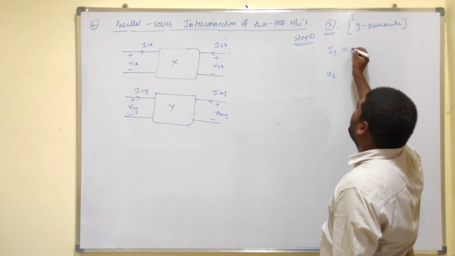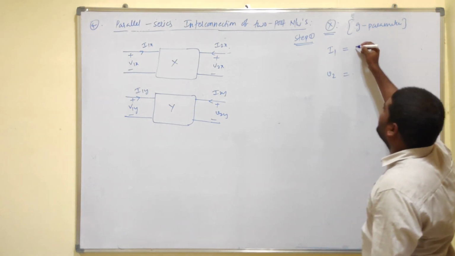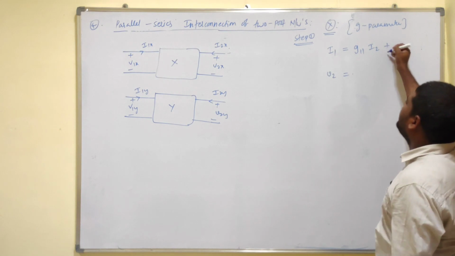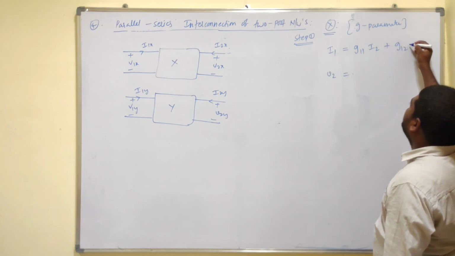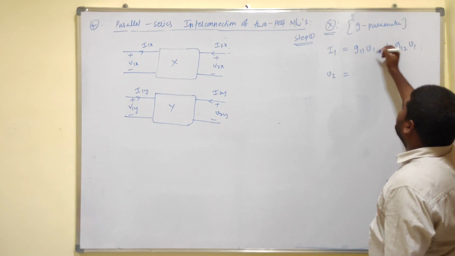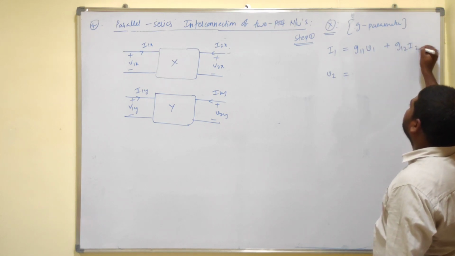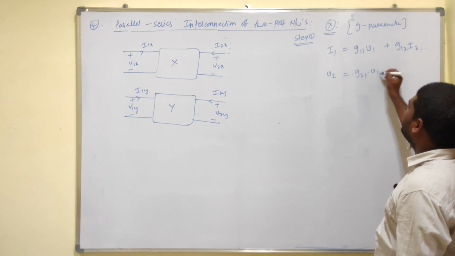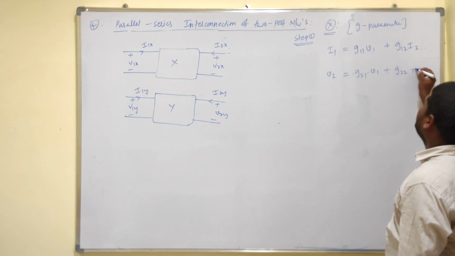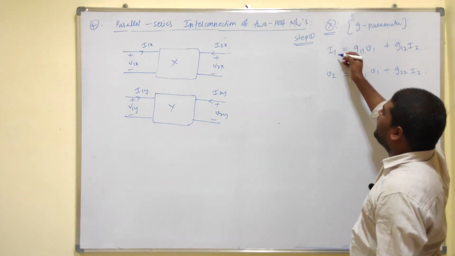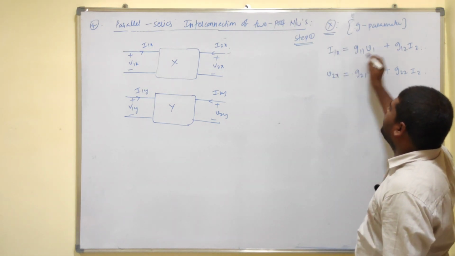So here I1 equals g11 v1 plus g12 I2. Now this is v2 equals g21 v1 plus g22 I2. So here x network, so you can add suffix x.